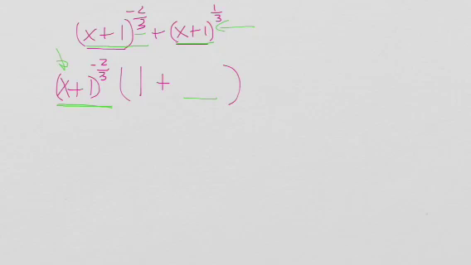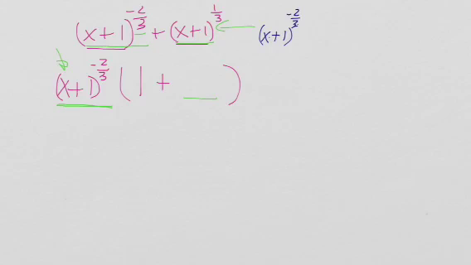Let's just try again. I'm going to take x plus 1 to the negative 2/3. That's a much better 2 anyway. And can I make the 3? Okay, that looks a little more like a 3.